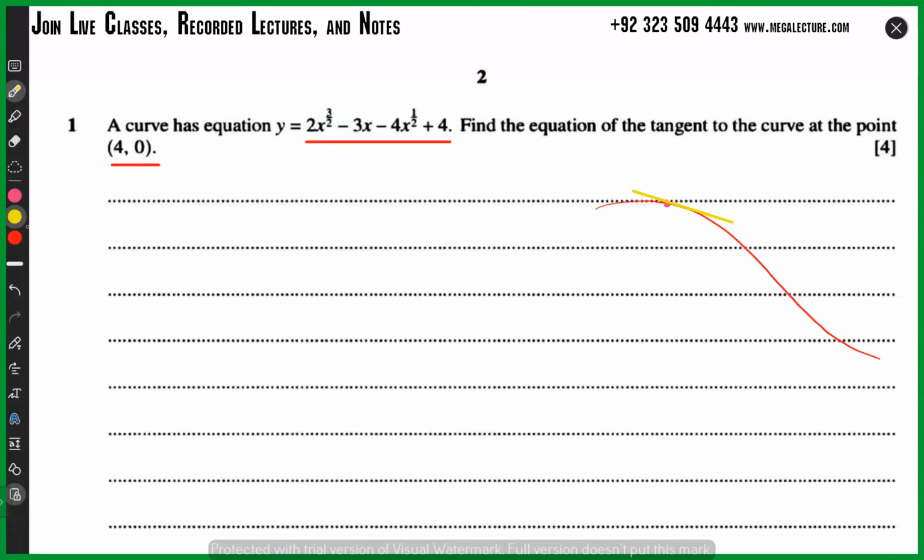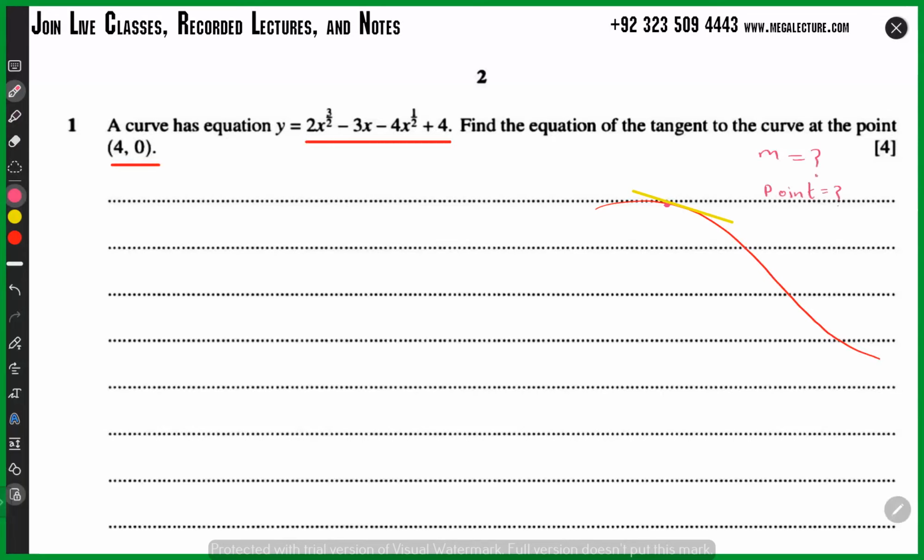What do we need to notice? What exactly do we require for finding the equation of a straight line? We have done that. We need to find the gradient and we need to find a point lying on the line.